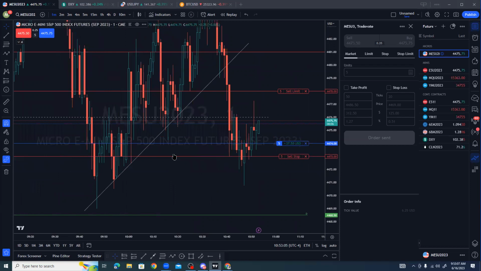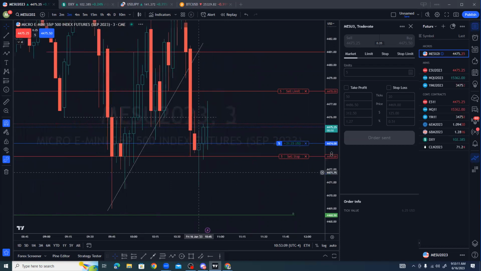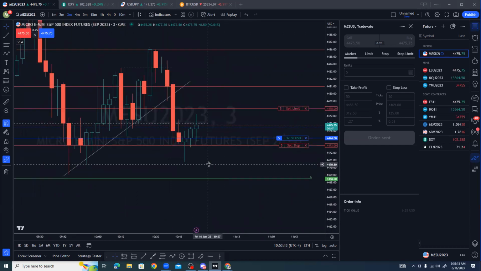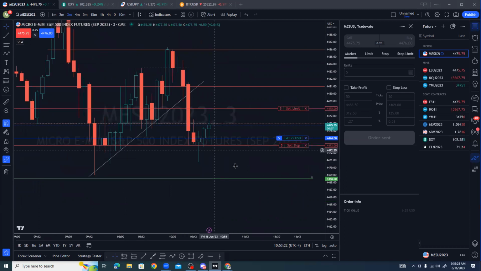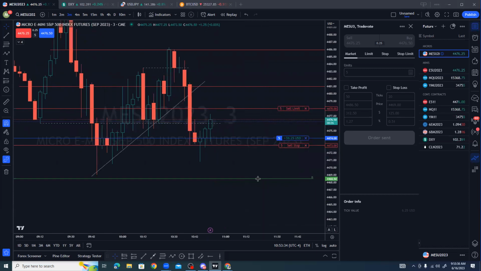Let's go to the 2-minute chart. Like it. 3-minute chart. I'm okay with it. Big fair value gap right there, situated at this area. But again, look at that structure, holding it down. Trying to be as patient as I can with it.